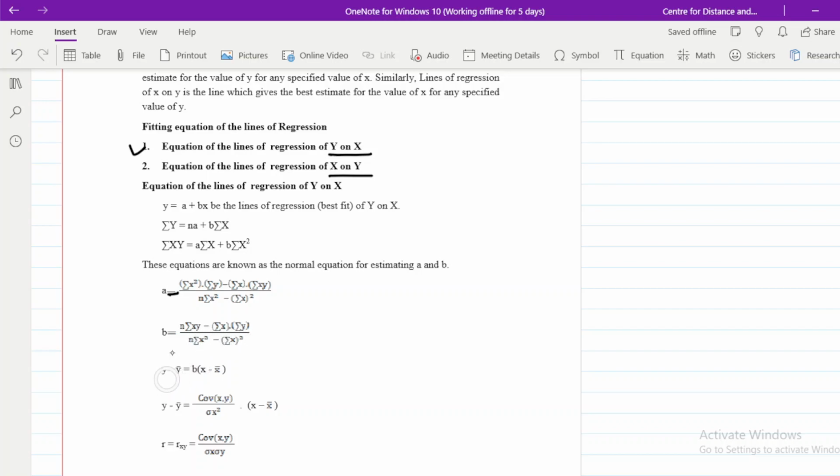Here y minus y bar is equal to b into x minus x bar. Then y minus y bar is equal to, the value of b is covariance of xy divided by sigma x square. This is nothing but our r. r is equal to r xy, covariance of xy divided by sigma x into sigma y.